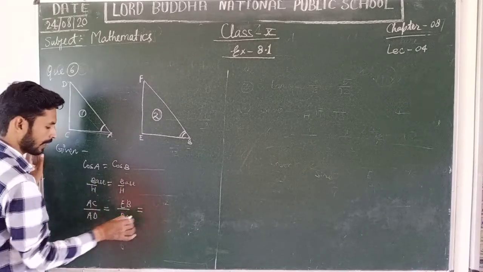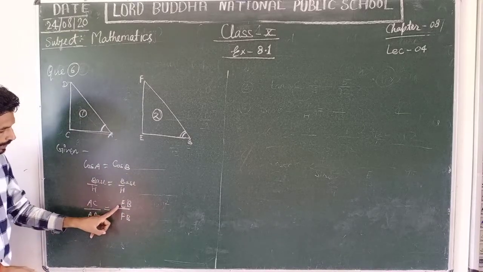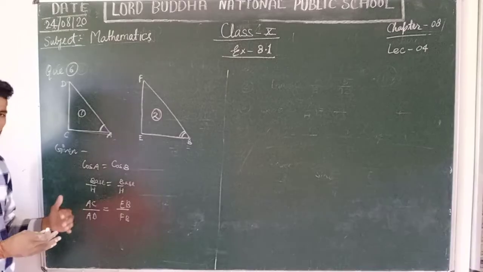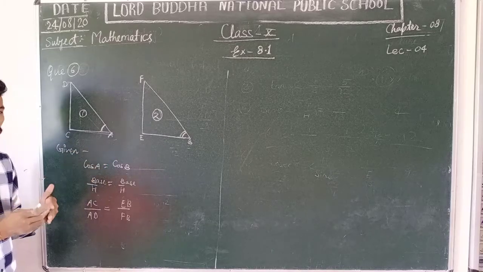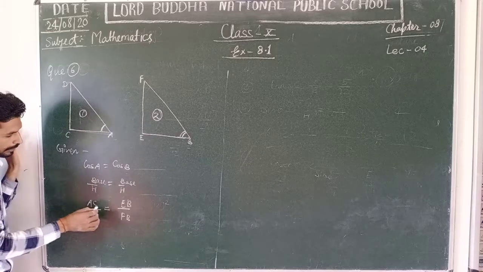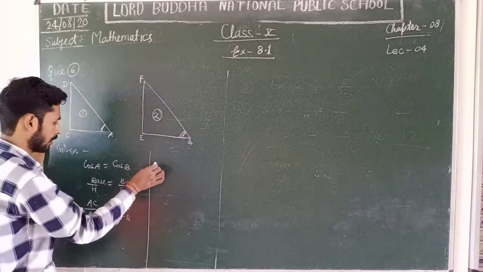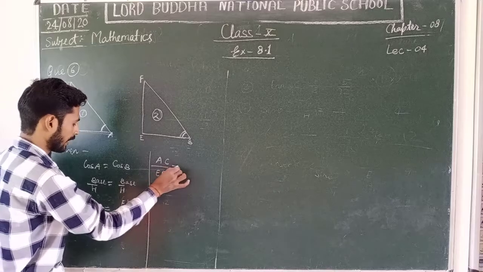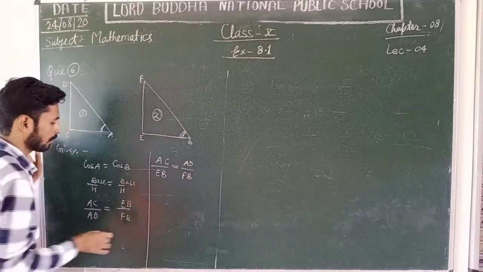So I am taking AC upon AD equals EB upon FB, but I want to write it in the form of the ratio of bases of the triangles and the ratio of hypotenuses of these triangles. Here one base is AC and another base is EB. So we can write AC upon EB equals AD upon FB.